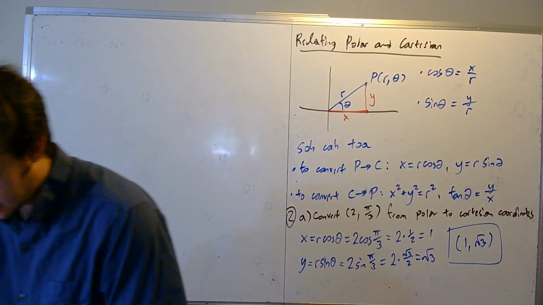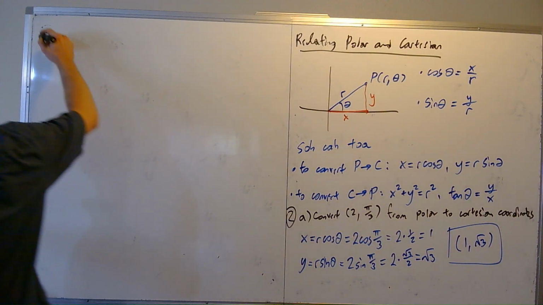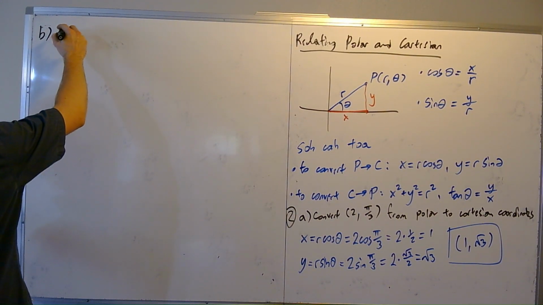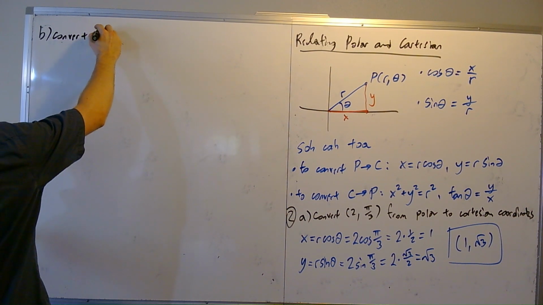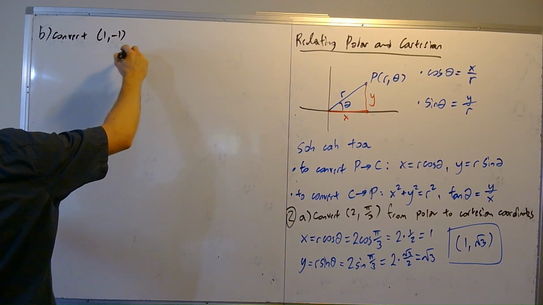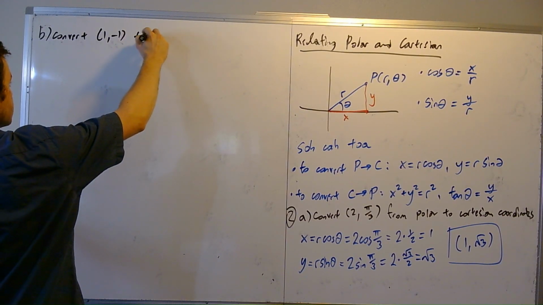Okay. Part B says convert the point 1, negative 1 to polar.